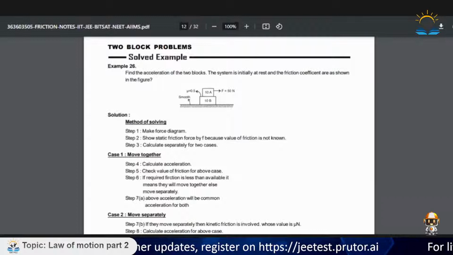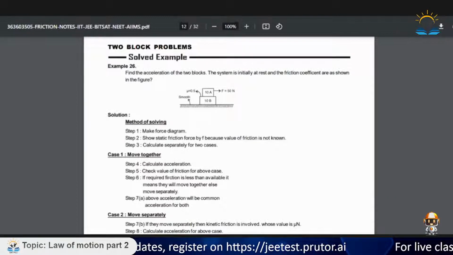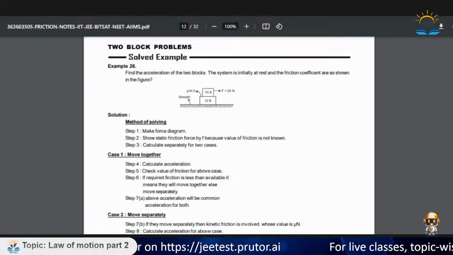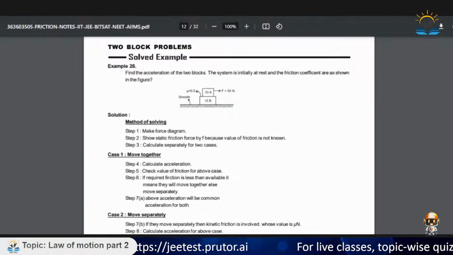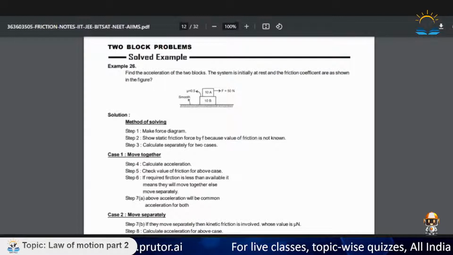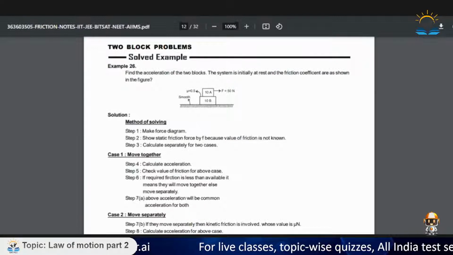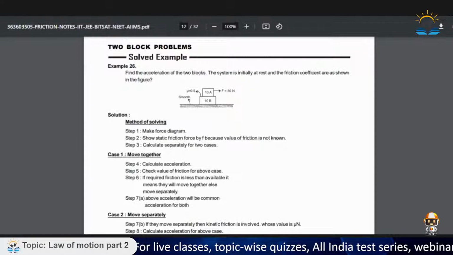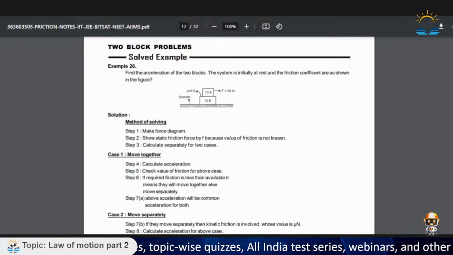Now we will compute the value of small f from here. So capital F minus small f is equal to 10 into acceleration, 10 into 5 by 2. So 10 into 5 by 2 comes out to be 25, and 50 minus small f is 25.